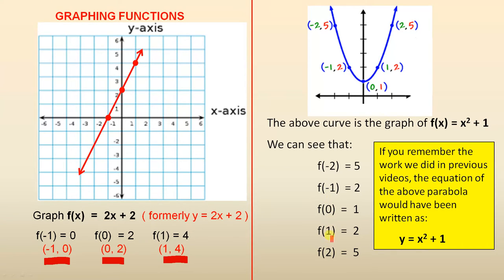We substitute those values into the equation and we get those numbers. So here are all the points now, (-2, 5), (-1, 2), etc. And you join those together and that gives you a sketch of the parabola.